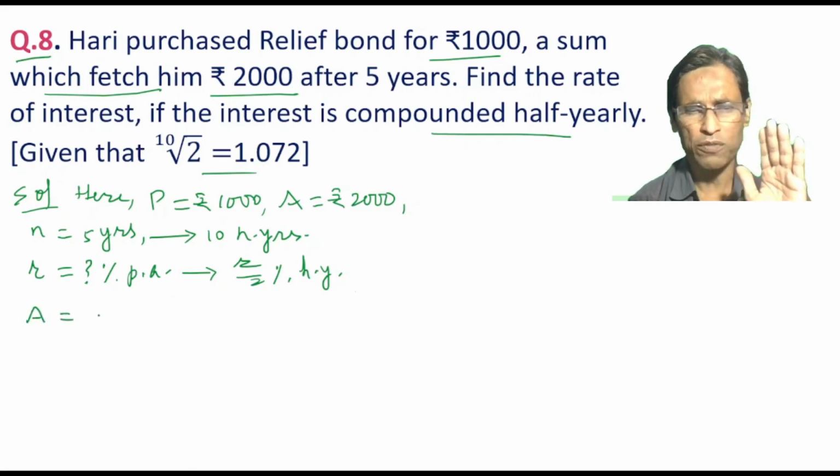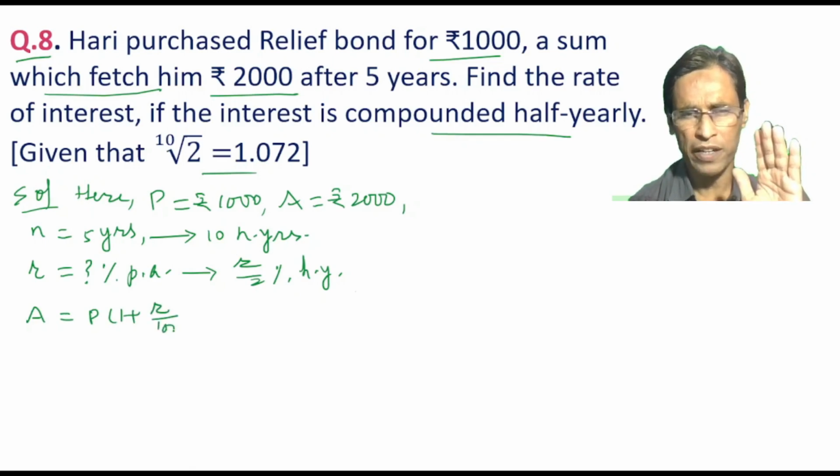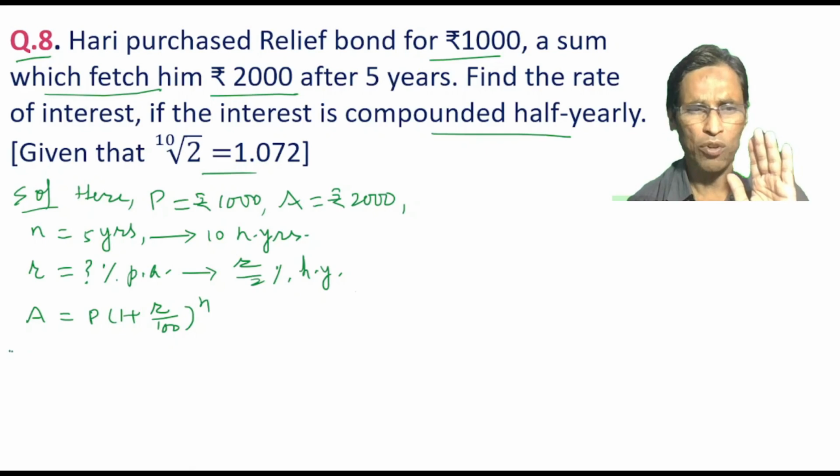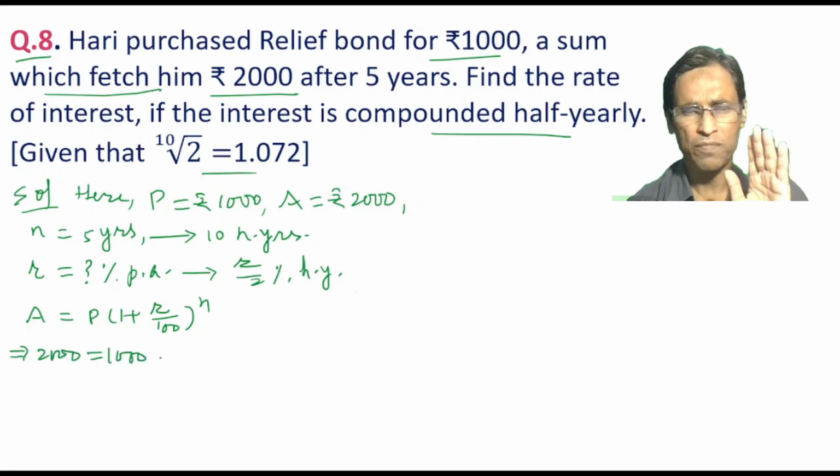A equal to P times 1 plus R by 100 to the power n. In the next step we replace the terms with the information given, and so A will be replaced by 2000 and P will be replaced by 1000, and under bracket 1 plus R will be replaced as R by 2%.